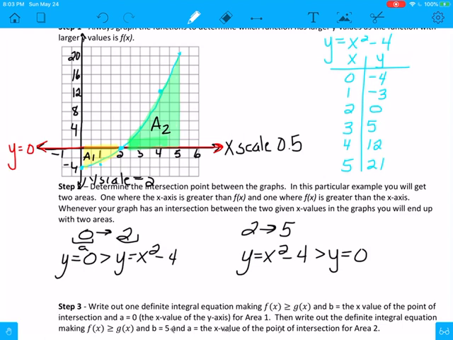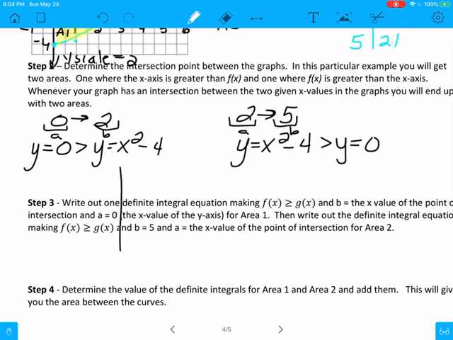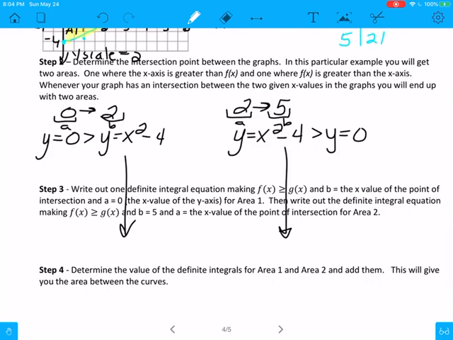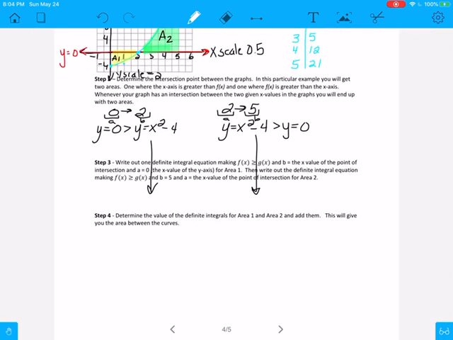This is my a and my b, with this being my 0 minus that. And then this is my a and my b with x squared minus 4 minus 0. So we have to do two separate integrals. Okay, they intersect at 2. That's where the switch happens. So sketching these is so much more important because it just makes more sense. If you sketch them, you can see it.